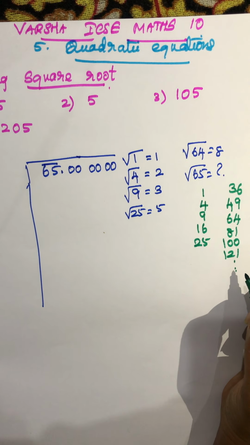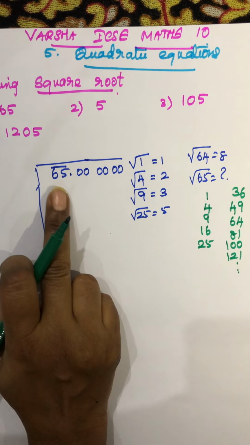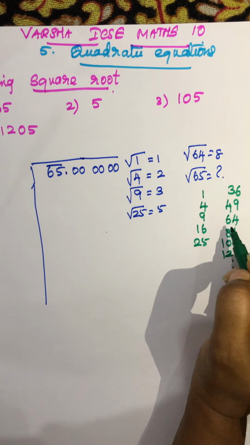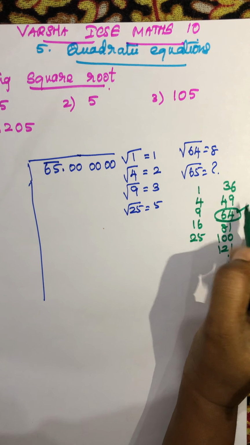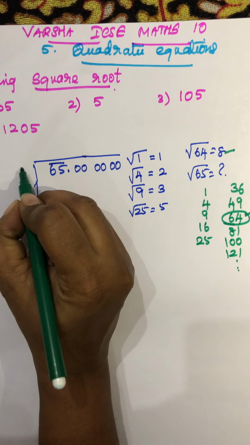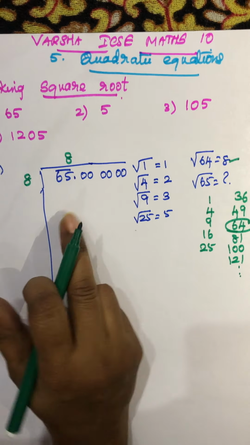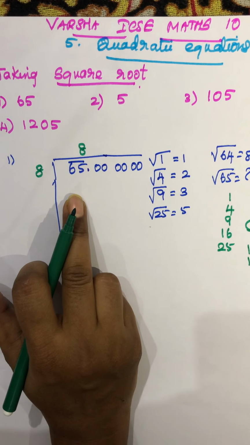We need the perfect square before 65, so that number is 64. The square root of 64 is 8, so we write 8. This is your first step.